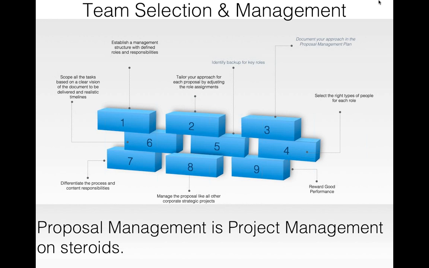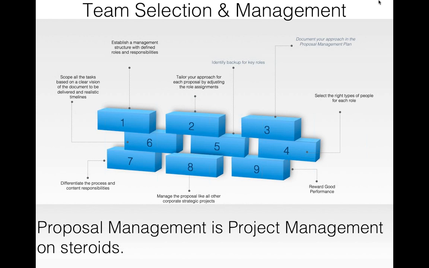But typically in your proposal management plan you should have the work breakdown structure, you should have the proposal responsibility matrix, which also has the schedule of the content development and the reviews and the final submission.